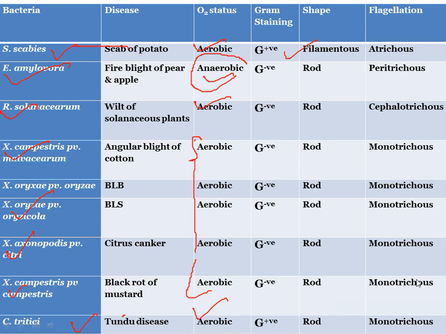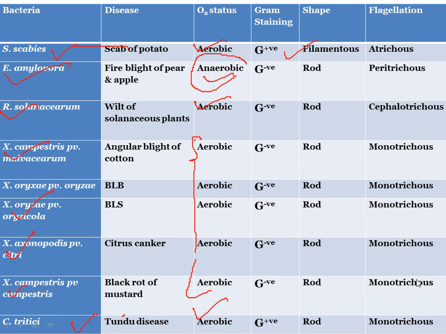The next popular example of lophotrichous, or cephalotrichous, is Ralstonia. Ralstonia is a wilt causing bacterium in solanaceous plants. These bacteria have a bunch of flagella at one end. It means these are cephalotrichous type bacteria.